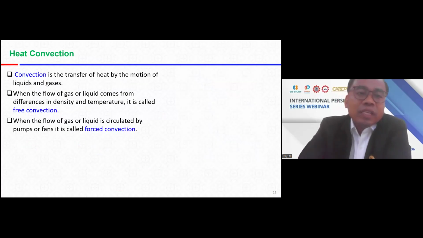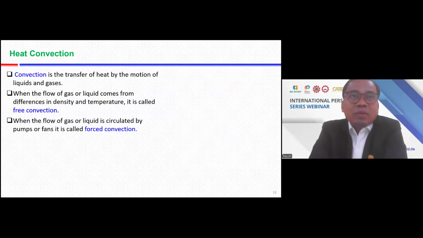I go to the next slide about heat convection. What is heat convection? Heat convection is also heat transfer, but through the motion of liquids and gases. The heat moves by free convection or by forced convection.